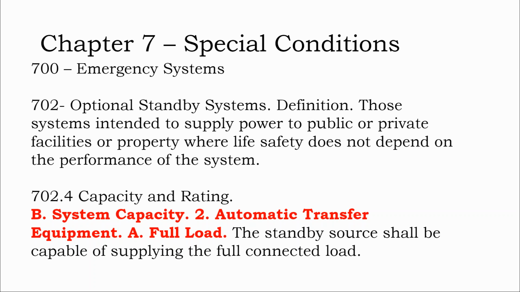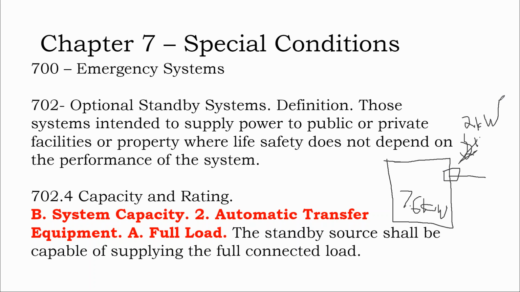And this is the real reason why, when you look at a standard battery inverter, like the SolarEdge battery inverter, it's a 7.6 kilowatt battery inverter. But then they have a critical load side of it that's only like 5 kilowatts or maybe 2 kilowatts. It depends.